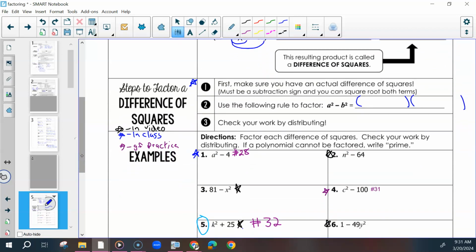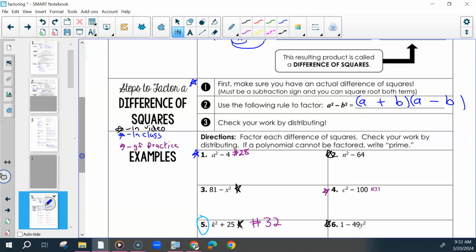And you're going to be thinking, what times what would give you a squared? A times a. So you're going to put that a in both sets of factors first. Ignore the negative for a second. What times what would give us b squared? B times b. So put that second in both sets of parentheses. And then one of your factors needs a plus, the other one needs a minus.